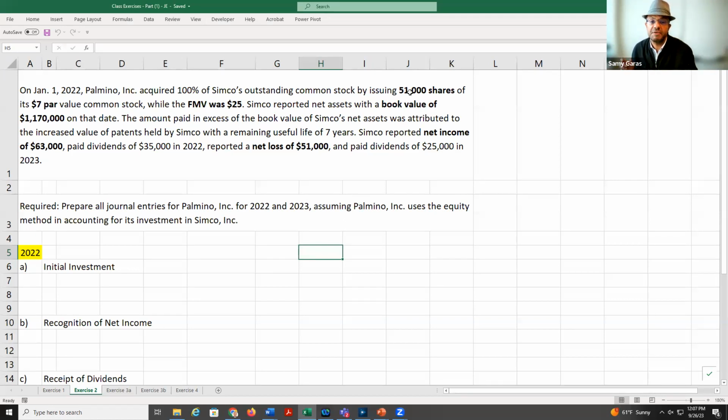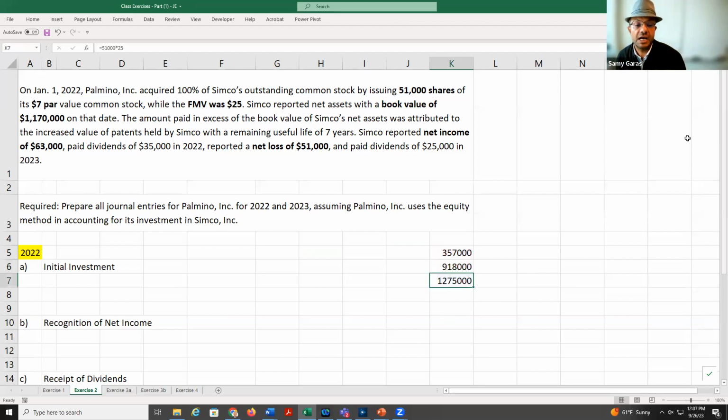We multiply 51 times 7. I think we get 357,000, and then we multiply 51,000 shares times $25, we get 1,275,000.